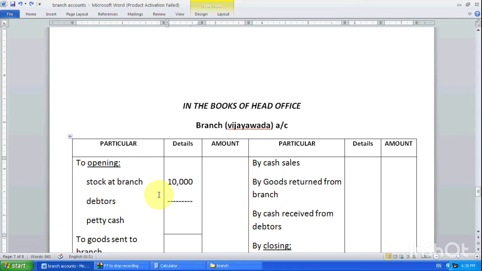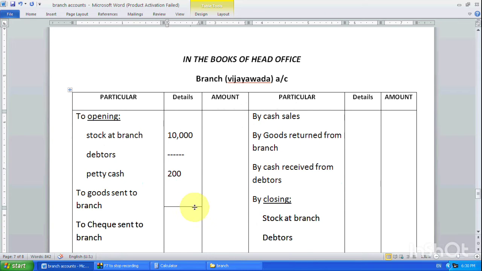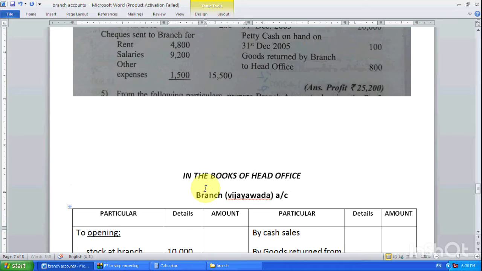So the overall, we have to adjust here. 10,000 stock and petty cash 200, overall 10,200.